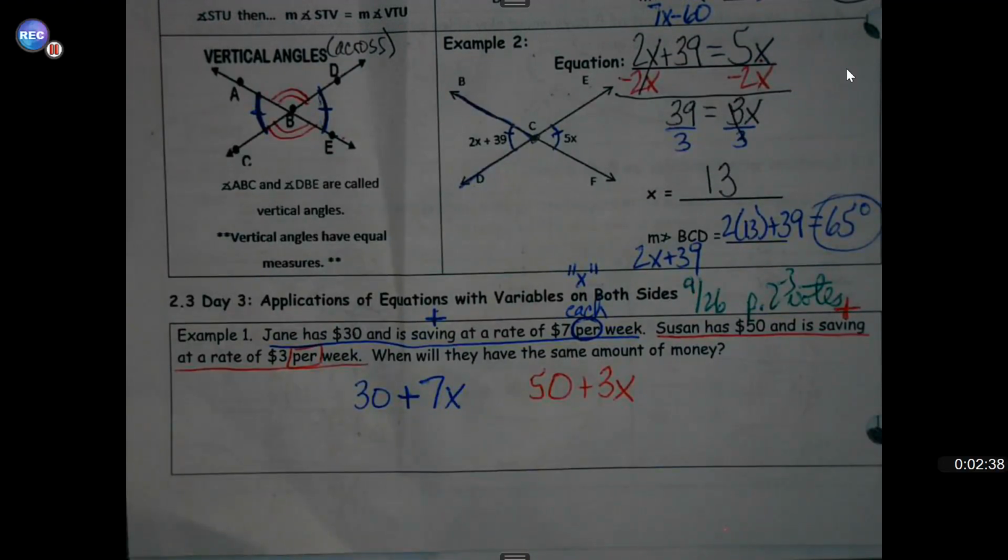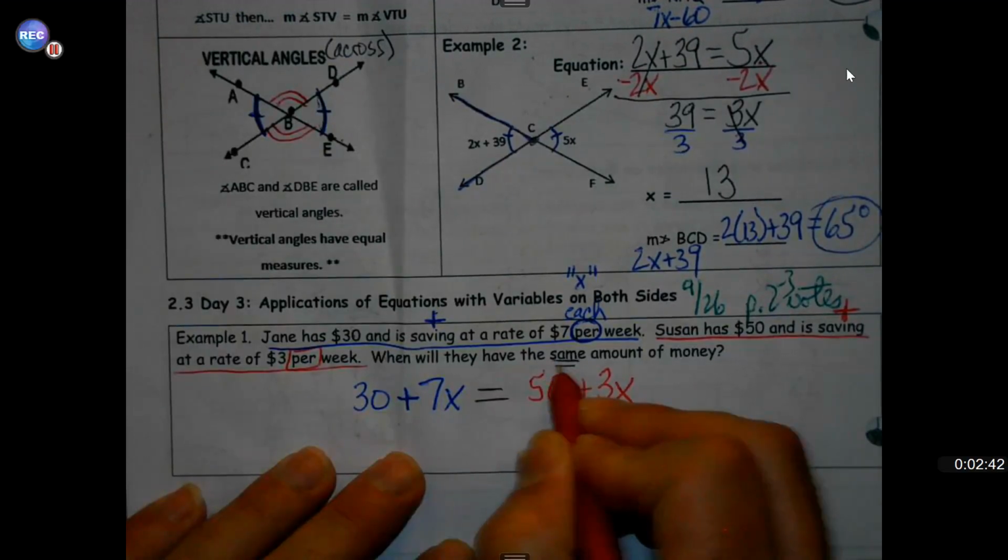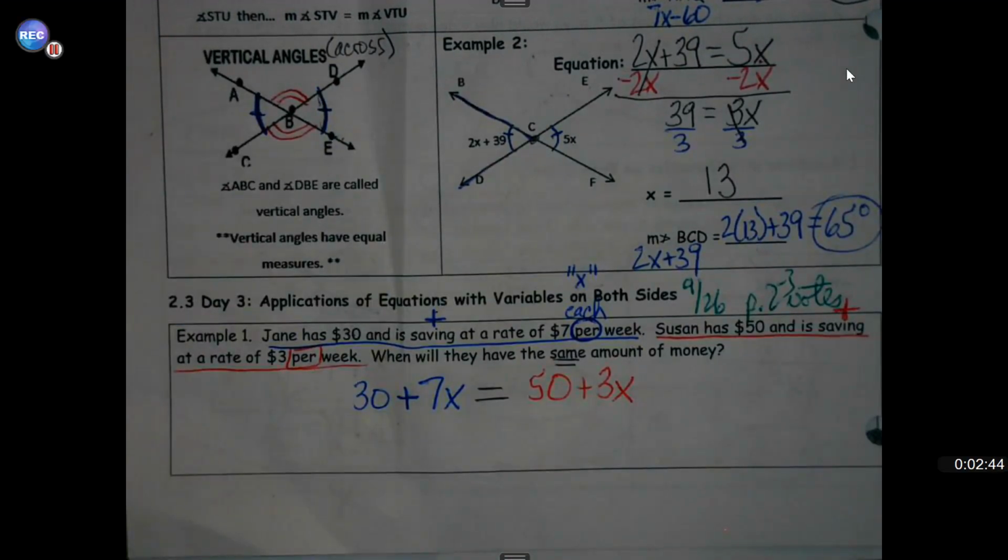When will they have the same amount of money? When will they have an equal amount of money? So, just like we've been looking at for the past couple of days now. Same goals.